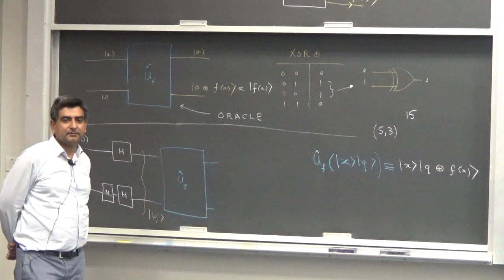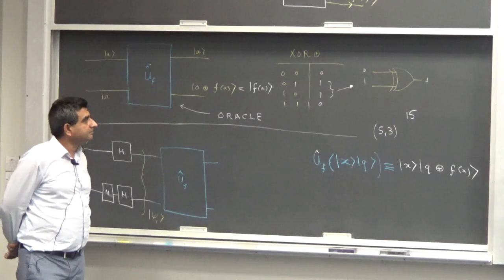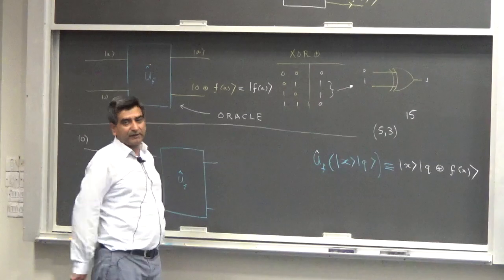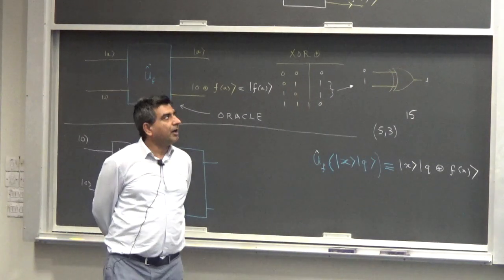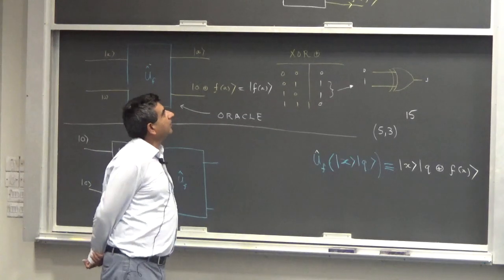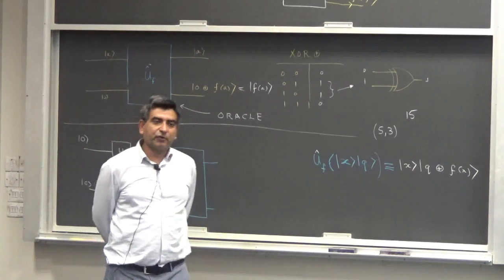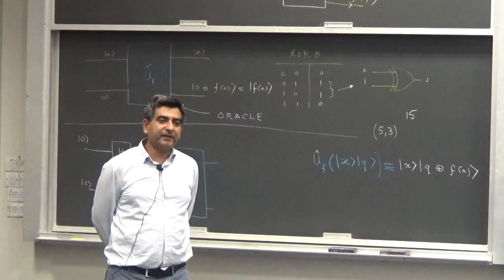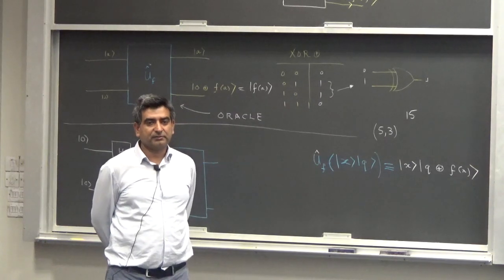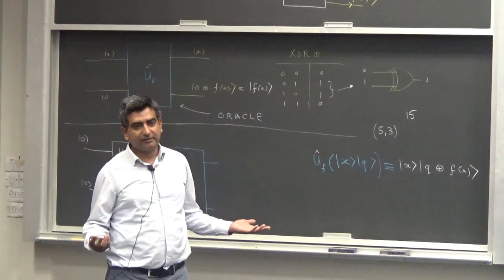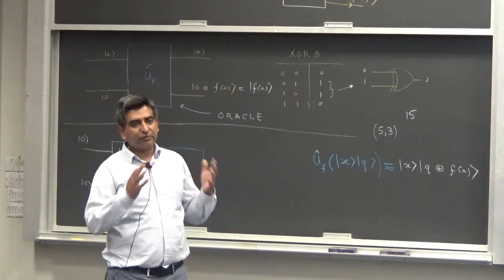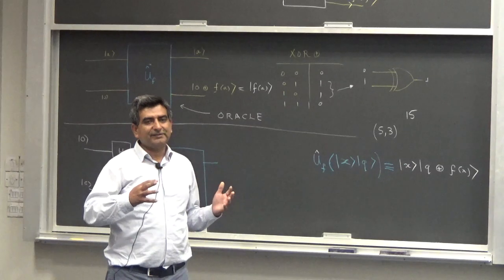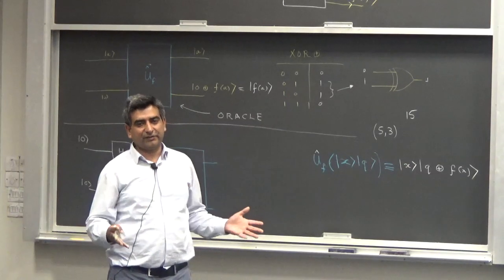Yes? So what does f of x mean? f of x means f of 0 or f of 1. So do we know the form that f of x has? We do not know the form, but we would like to distinguish and tell whether f is balanced or biased. So there is some f and it's either balanced or biased. This algorithm discerns which kind of function it is.